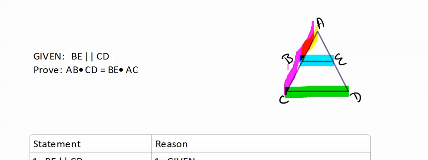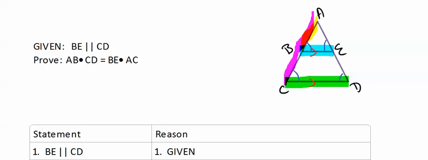So let's try to find angles that will be congruent. Since we know that BE is parallel to CD, we then know that the corresponding angles are going to be congruent. So angle C is congruent to angle ABE, and angle D is congruent to angle ABE.